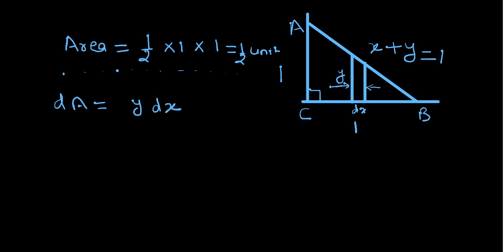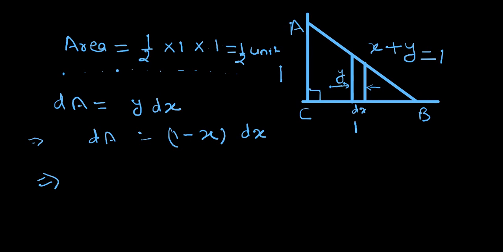Now what does this further imply? dA is equal to y dx, and we can put y through the equation, as x plus y is equal to 1, so y is equal to 1 minus x. So dA is equal to (1 minus x) dx. Now we apply the integration. Why do we apply the integration? Because we have already considered the smaller strips.